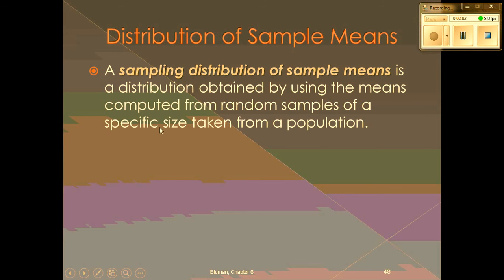Okay? So what we have to know is what a sampling distribution is. It's a distribution obtained by using the means computed from random samples of a specific size taken from a population. So what that means is if we ask those 10 students a question, for instance, what's your GPA? Okay, we asked 10 students what their GPA is.